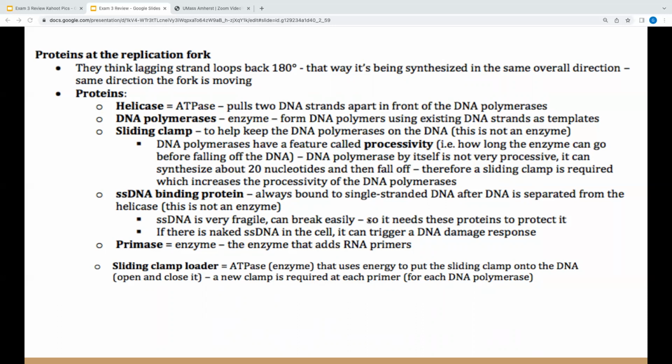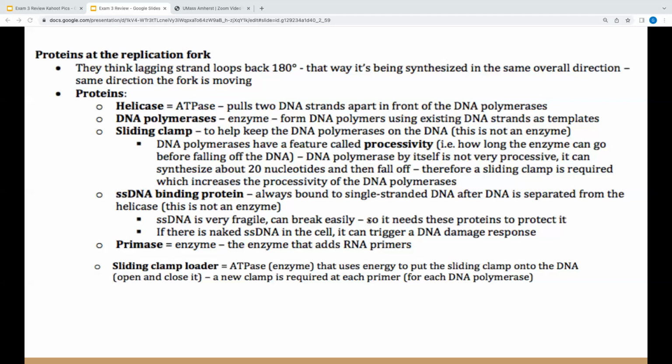And then primase is the enzyme that will add RNA primers. And the sliding clamp loader is an ATPase enzyme that uses energy to put the sliding clamp onto the DNA. And a new clamp is required at each primer for each DNA polymerase.